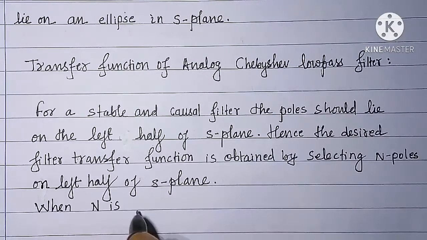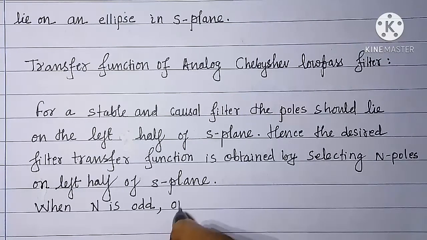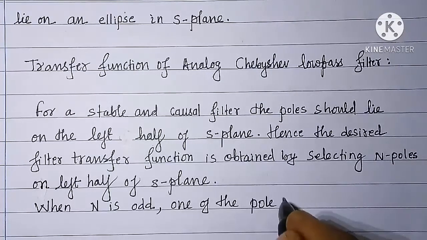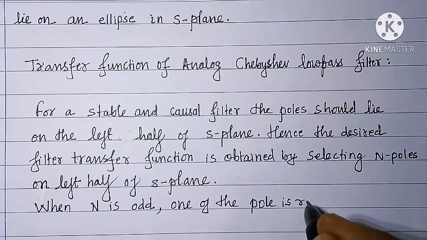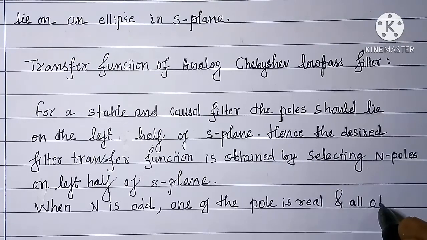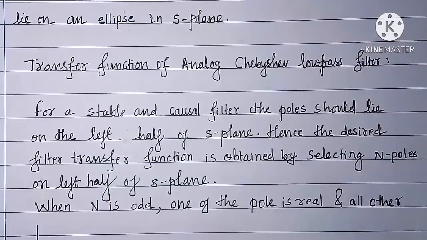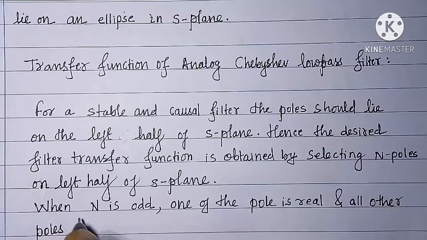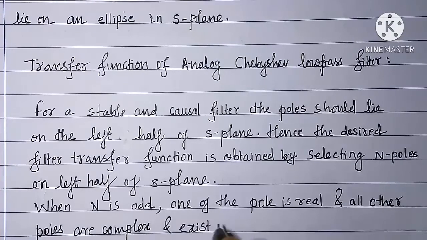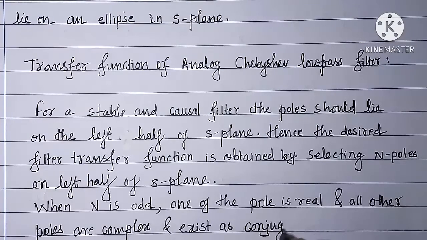When n is odd, one of the pole is real and all other poles are complex and exist as conjugate pair.